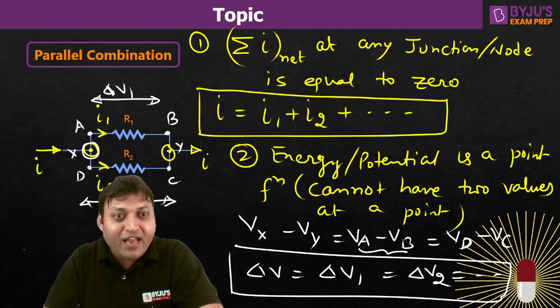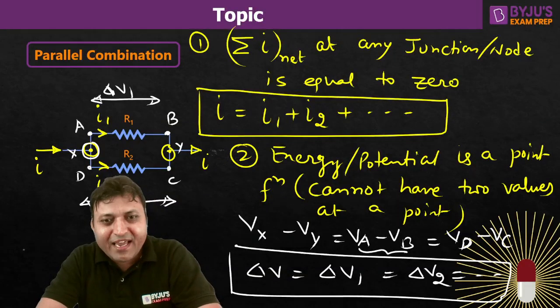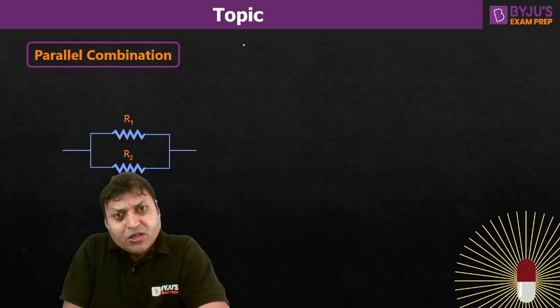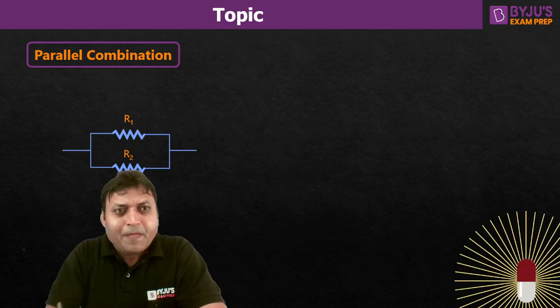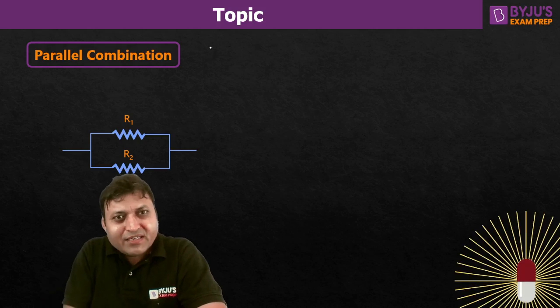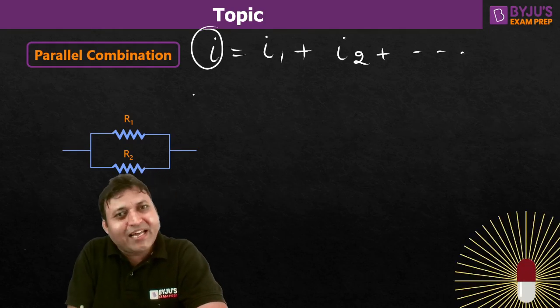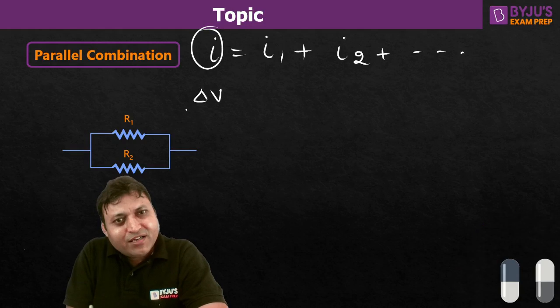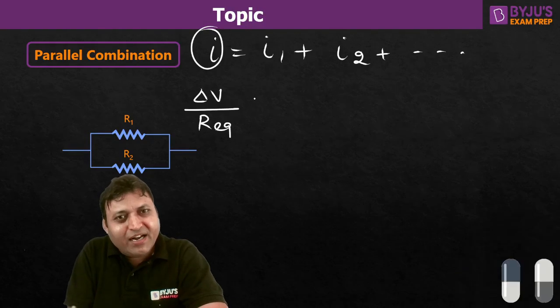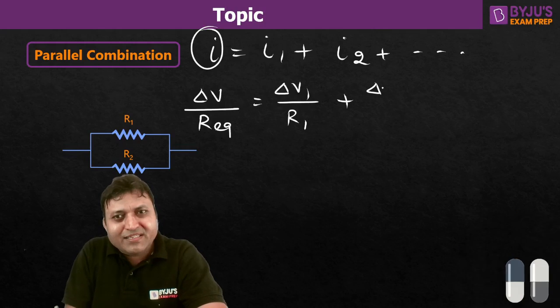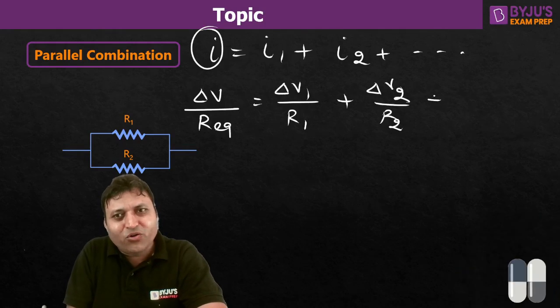And in another way, for the potential, what we can say? So look, before moving further, I will be equal to I1 plus I2 plus so on. This was the expression. I can be written as delta V upon R equivalent, which will be equal to I1, delta V1 upon R1, plus delta V2 upon R2 and so on.